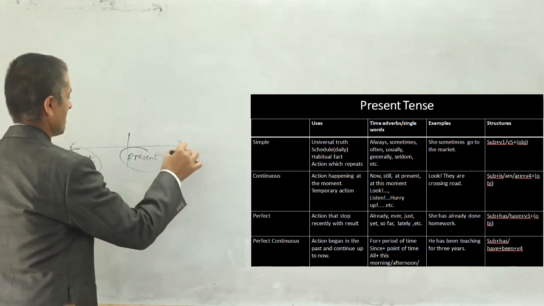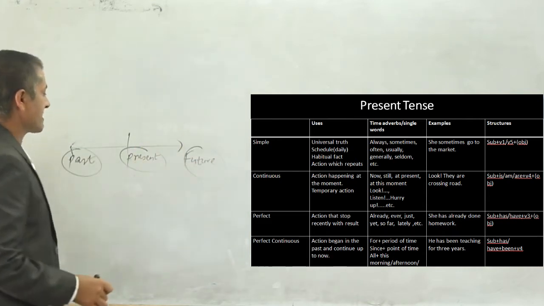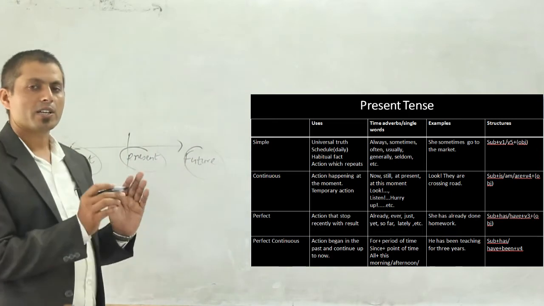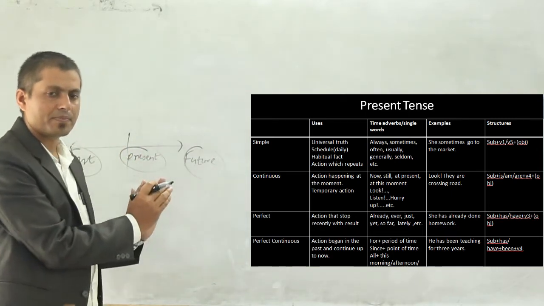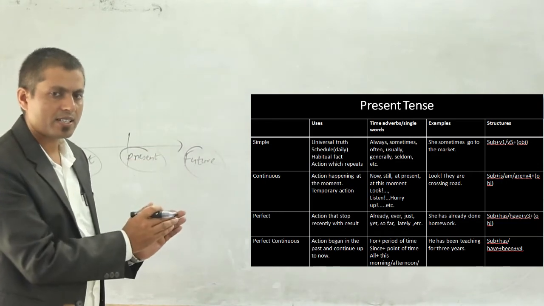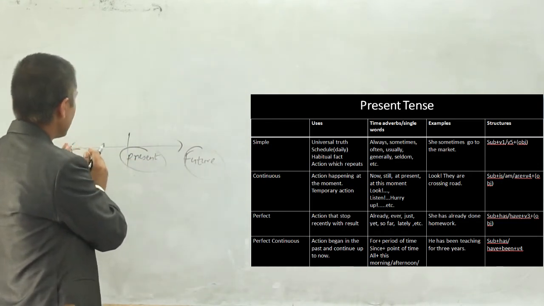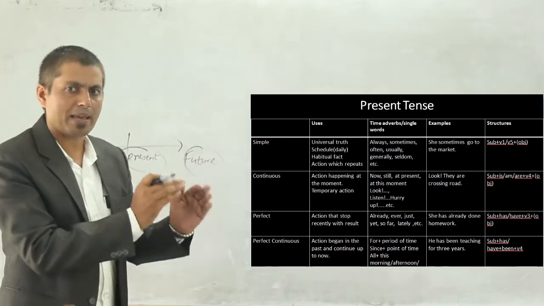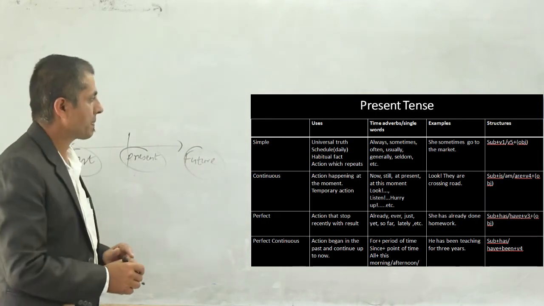This is the future. So the present tense activities you do at present or is your habit. Sometimes the activity was done just before, in past time, and even in future time. If it is your habit, if you do it, if somebody does it, then we use simple present tense.